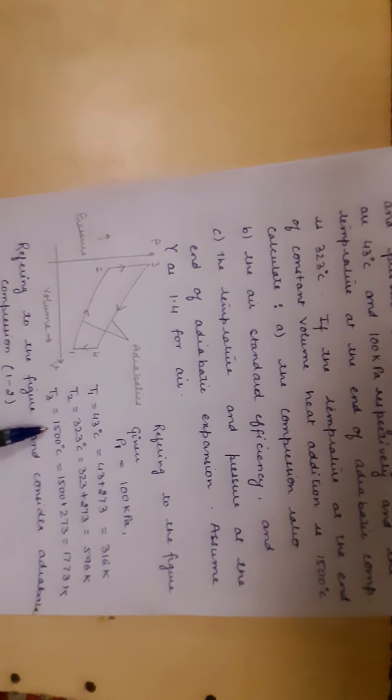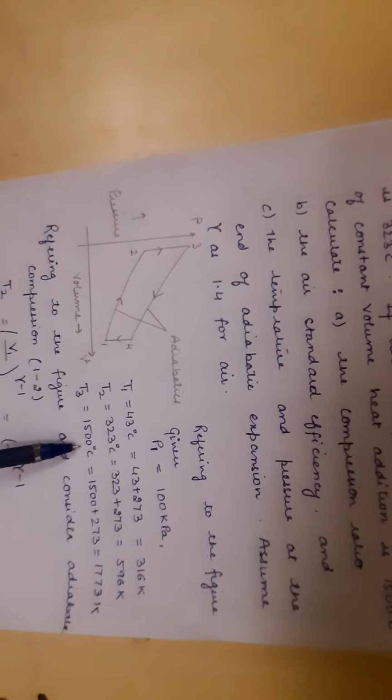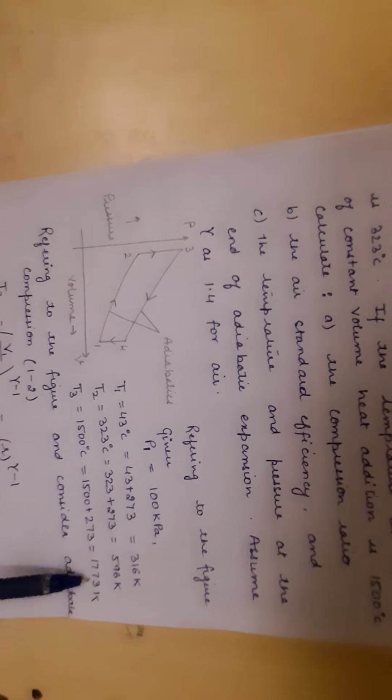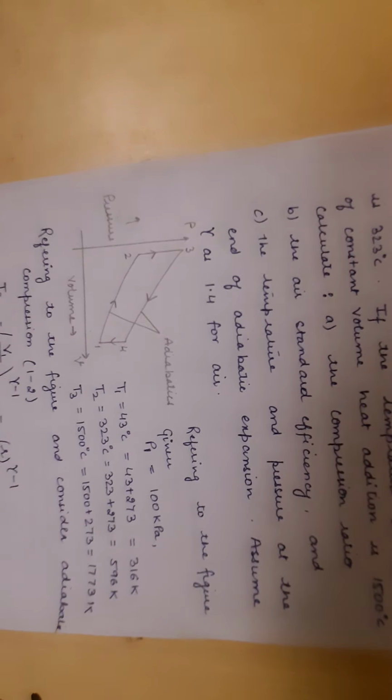The temperature is given as 1500 degrees centigrade, and this is the value at this point, and this is your T3. We have converted it further into Kelvin, that is 1773 Kelvin.